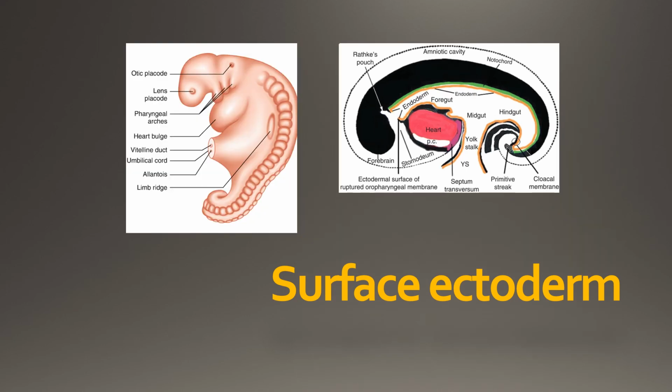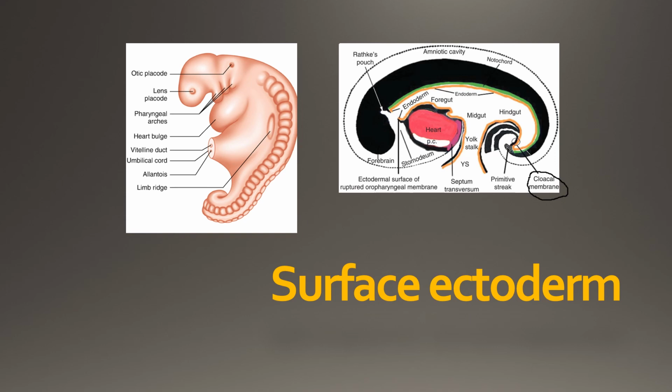Next, when the tail fold occurs, the cloacal membrane is there. This cloacal membrane differentiates into two membranes: the anal membrane and the urogenital membrane. Later, as development occurs, the cells of these membranes rupture, and this forms two orifices, the anal and the urogenital orifice.